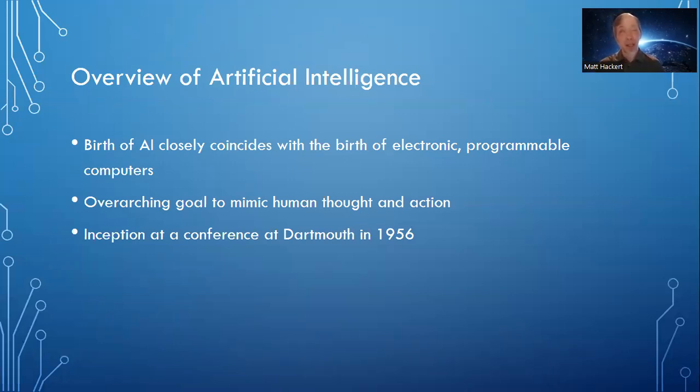So let's jump right into the material, and we will start with a little bit of an overview about artificial intelligence and its history. The birth of artificial intelligence is really closely linked with the birth of electronic programmable computers.